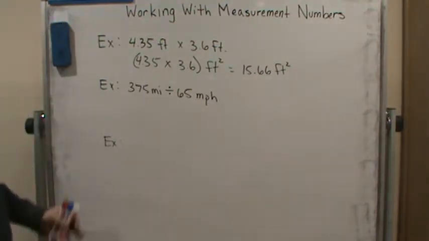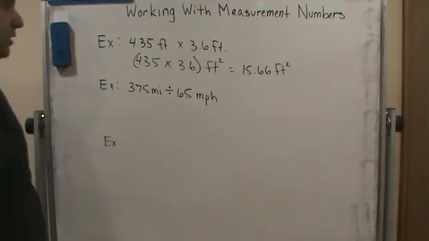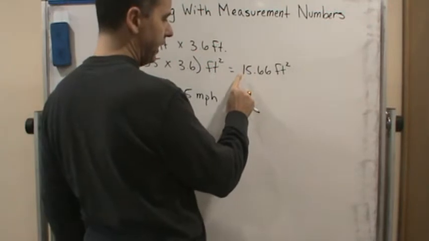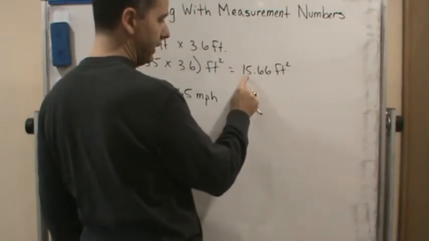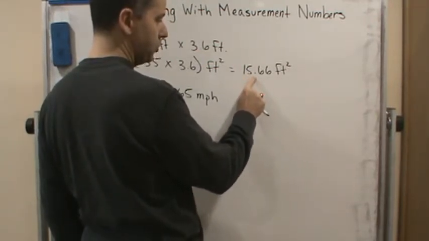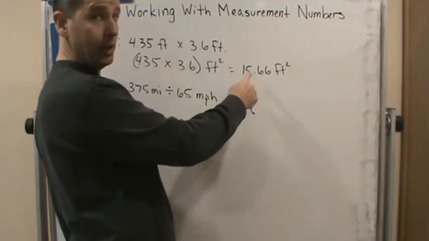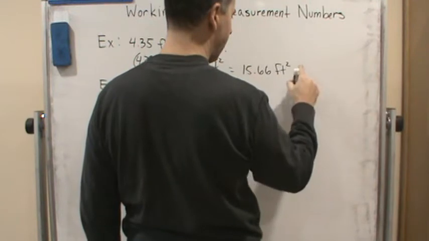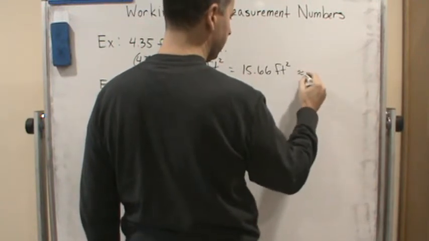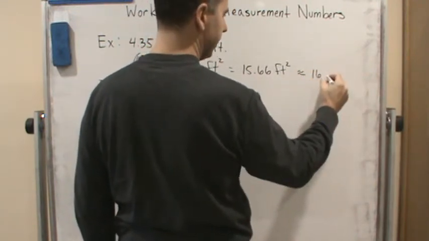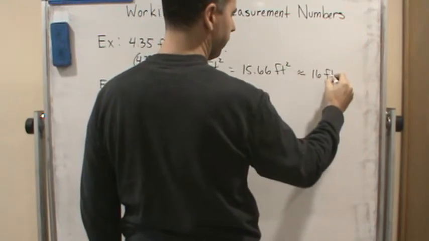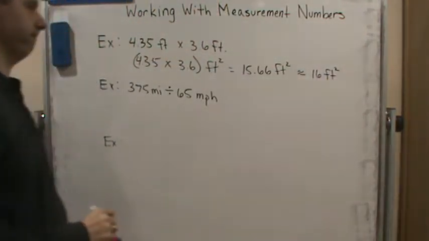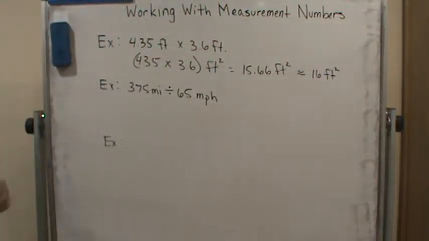Now we're going to round this to 2 significant digits. Two significant digits, again from left to right, ends at the 5. So we're going to round to the nearest square foot. This would be approximately equal to 16 square feet.